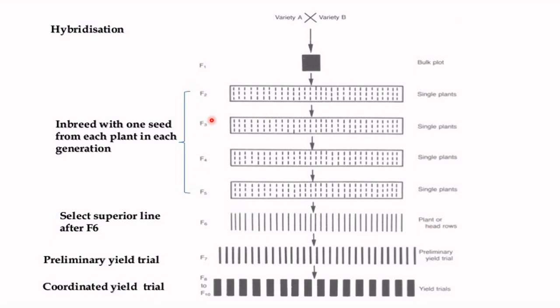During this process inbreeding is done. Each and every individual is inbred, and the heterozygous condition will develop into the homozygous condition. So this is a modification of the bulk breeding method where natural selection is also executed, and there is no loss of variation here.